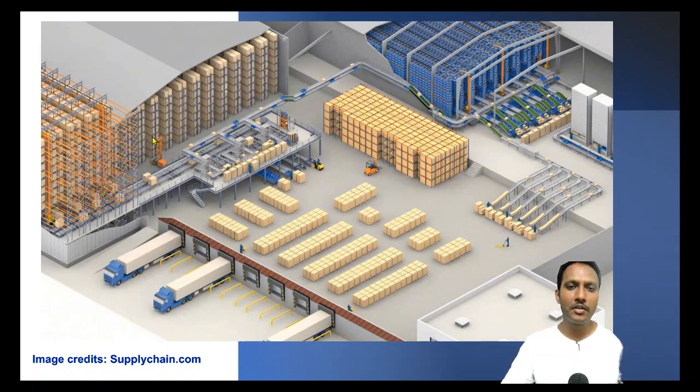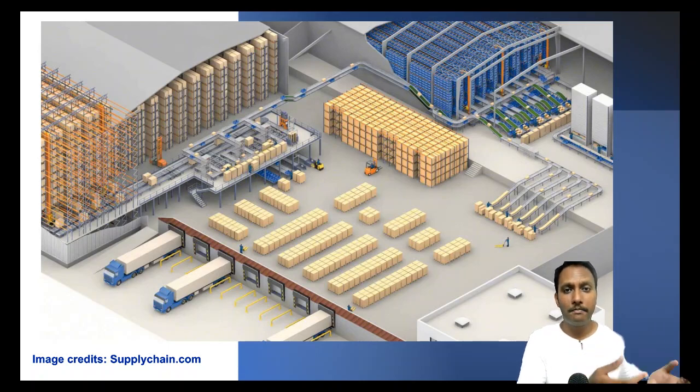Within these locations also, generally you don't put everything in one place, right? Some locations are considered picking locations, and the other locations are considered bulk locations. Picking locations are basically easy for people to go and pick from. If you have to pick some 50 products, you might be able to easily pick them from one location.